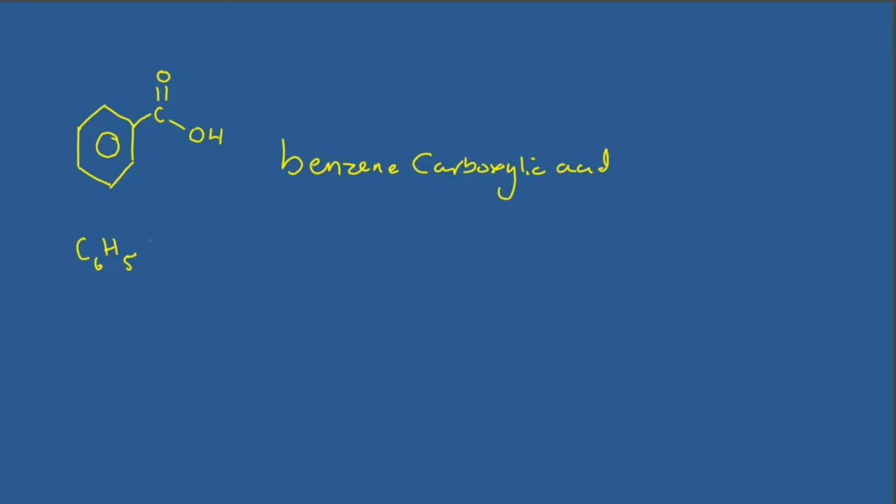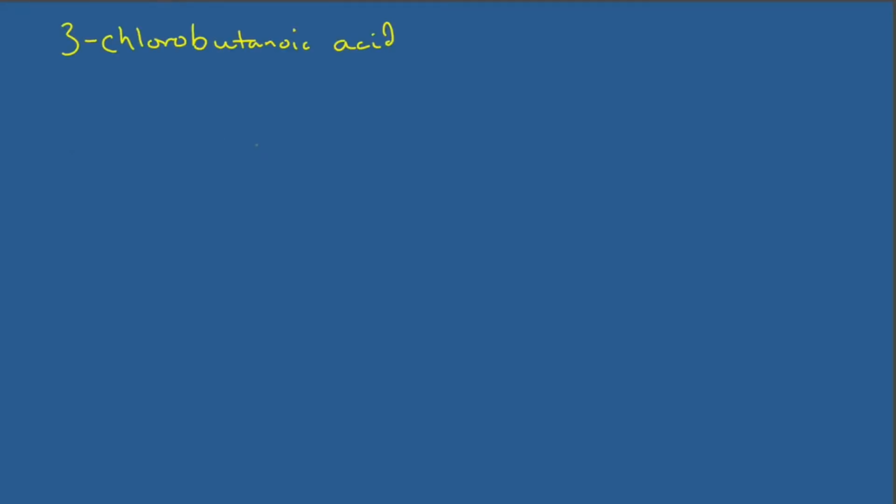If we draw the structural formula down here, C6H5COOH. If you're not very familiar with benzene yet, don't worry, you may not have covered it yet. It is a separate topic on its own, so we'll go into more depth on that in a future video.